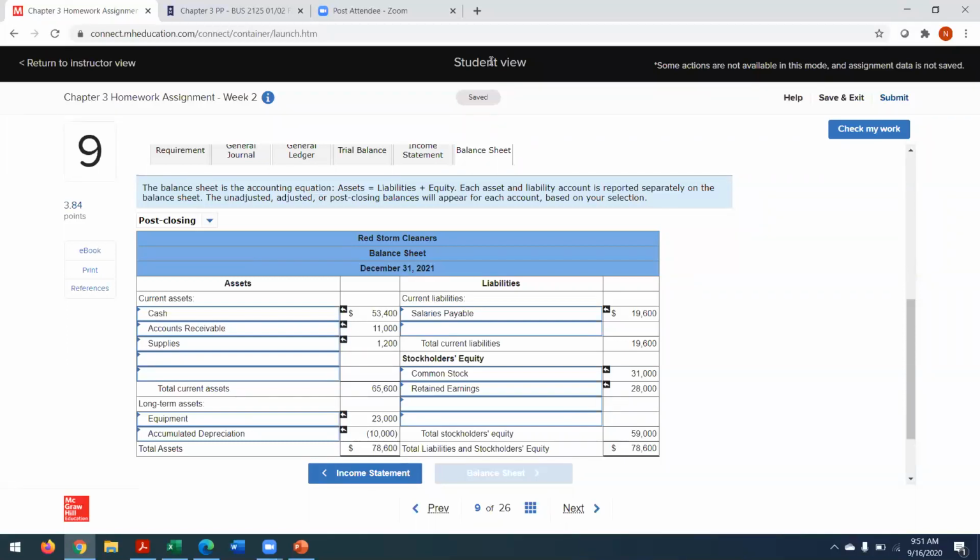I have to stop sharing first. I think you should be able to share your screen now.